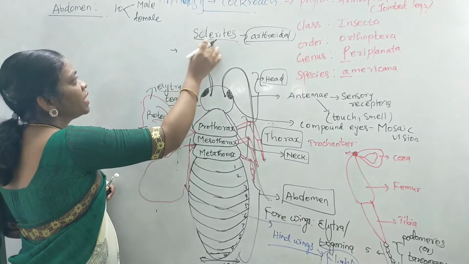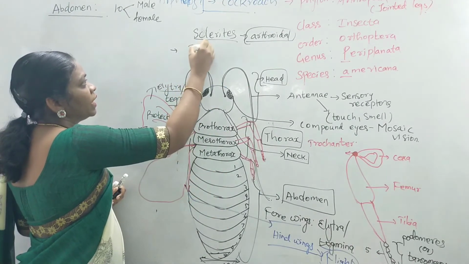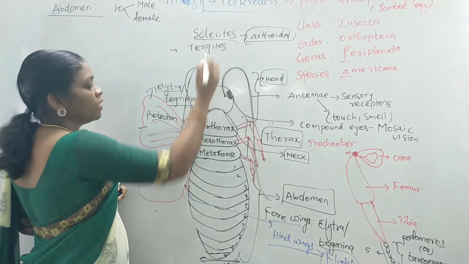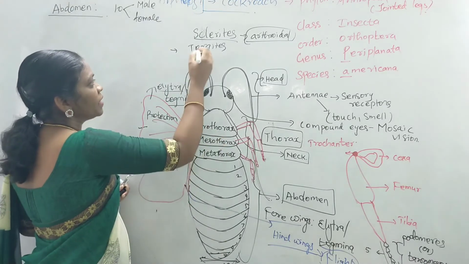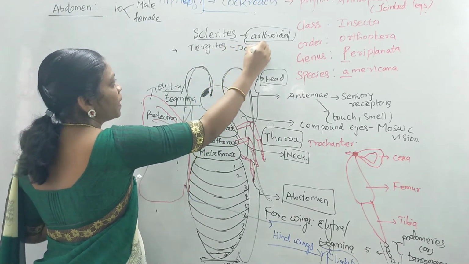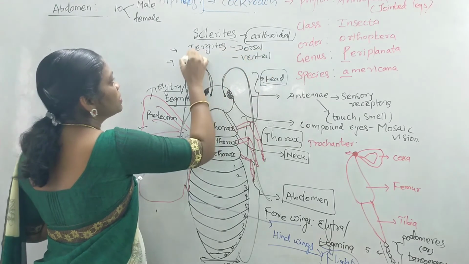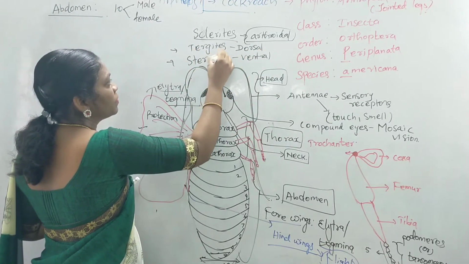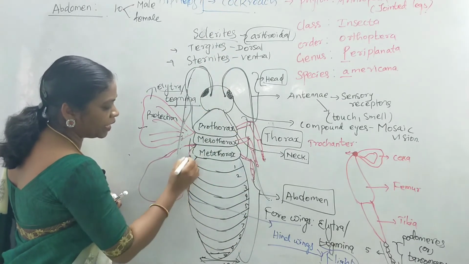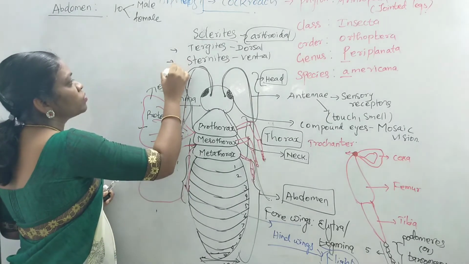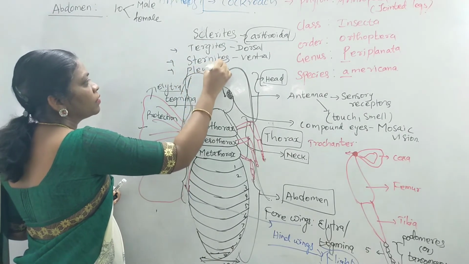When you find these sclerites on the dorsal side, they are known as terga or tergites. When you find them on the ventral side, they are known as sternites. If you find them on the lateral side of the organism, they are known as pleurites.